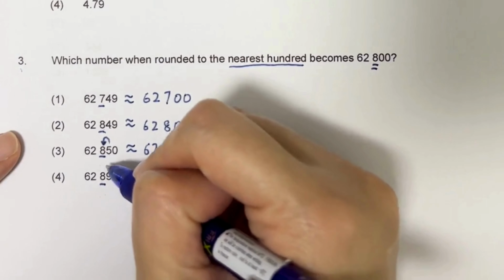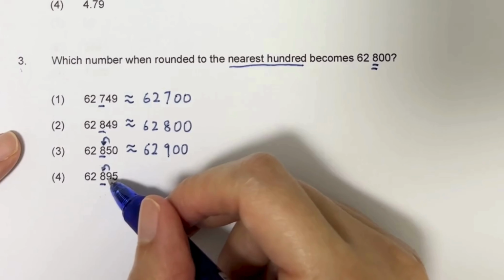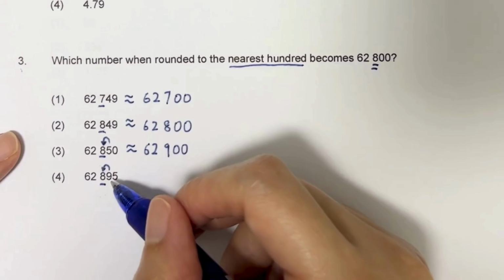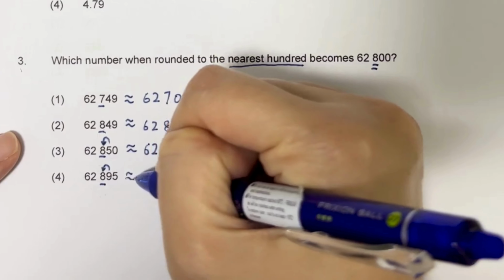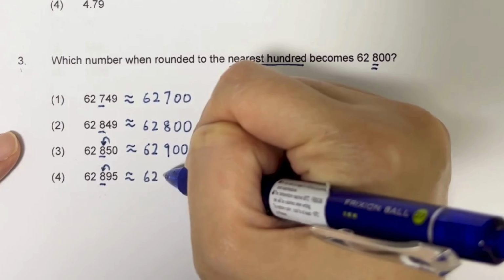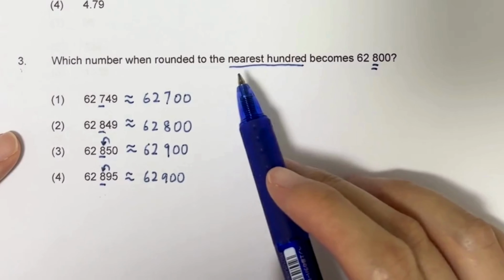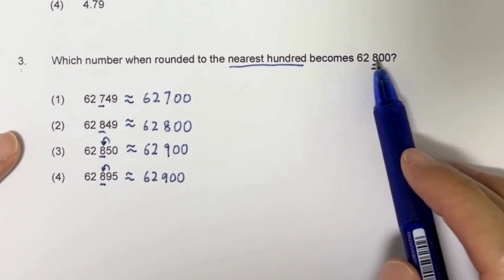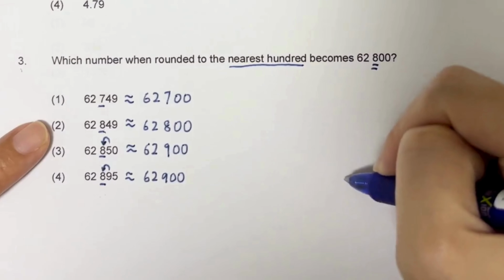For this, if the digit at the tens place is 5 or more than 5, then we need to round up. So this is rounded to 62,900. So we want the rounded value to be 62,800. The only option is option 2.